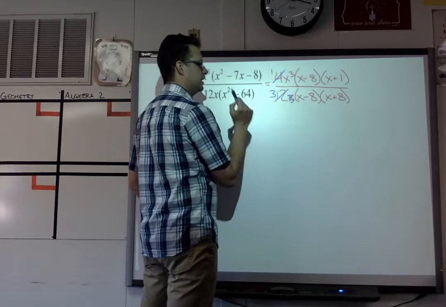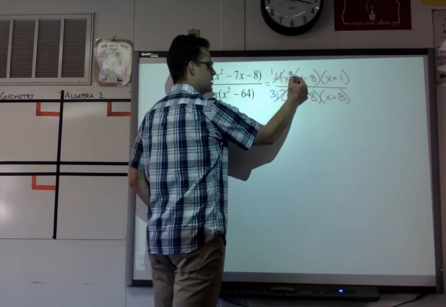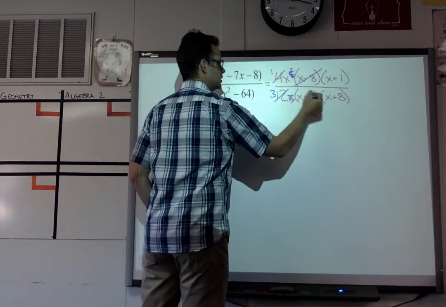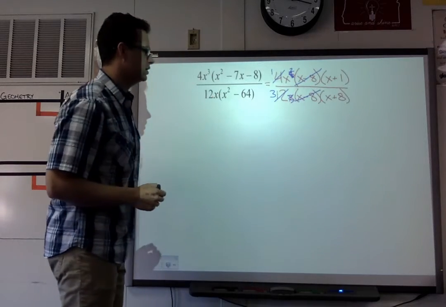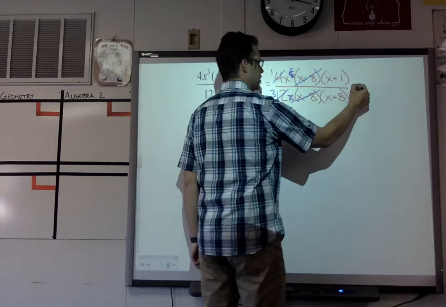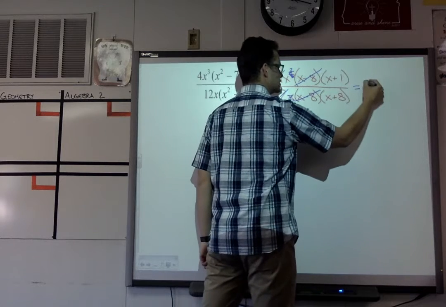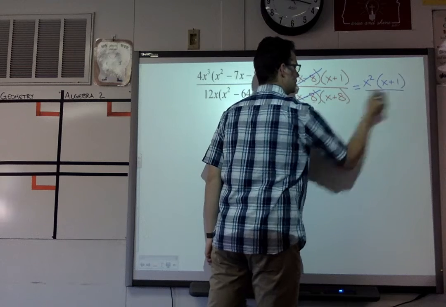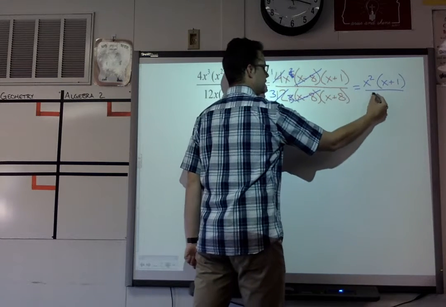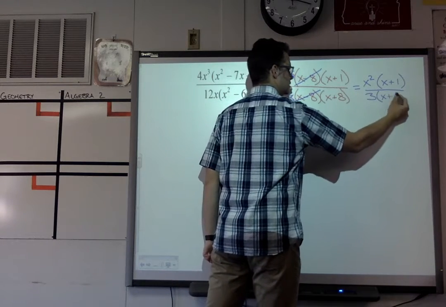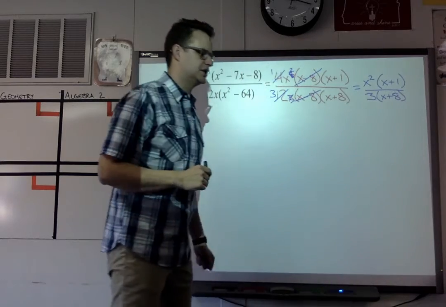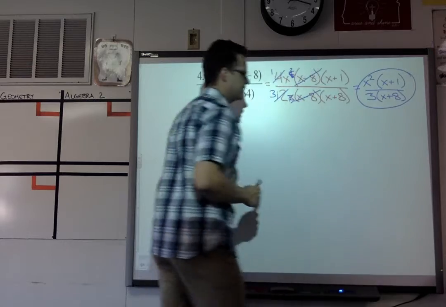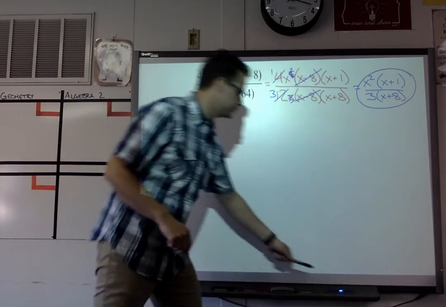X cubed divided by x would give us x squared, so that cubed becomes a square. Our x minus 8's cancel, so then what we're left with, we have x squared times x plus 1 over 3 times x plus 8. So that would be our simplified form of the rational expression.